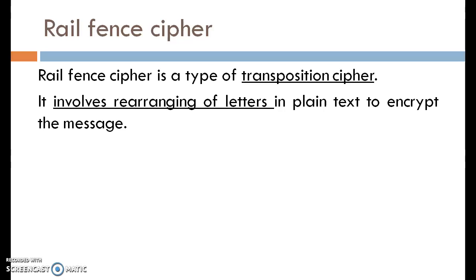Means here the ordering of the plaintext letters is interchanged. None of the other extra characters are substituted, but the letters of plaintext are reordered and rearranged to encrypt the message, converting the plaintext to the ciphertext, as well as for converting ciphertext to plaintext.